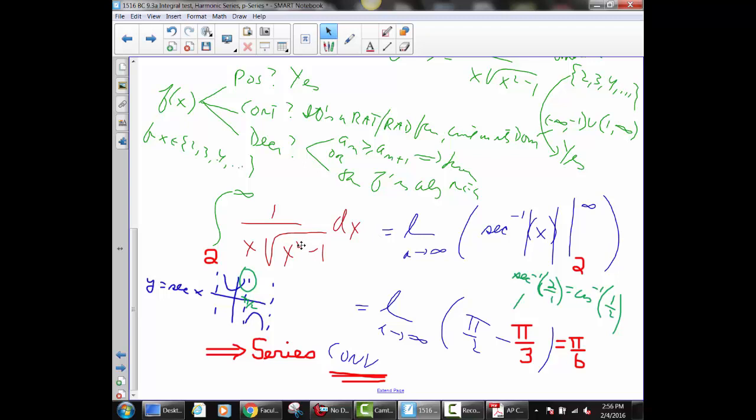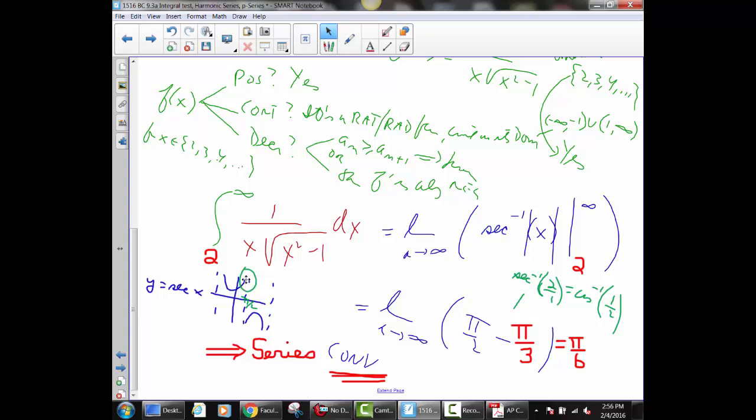This is actually already set up as an inverse secant situation, and it'll be the inverse secant of x from 2 to infinity. Now, here's where people mess up. Here's secant. The inverse secant of a positive is always going to be in the first quadrant. Inverse trig function of any positive quantity will be in the first quadrant.